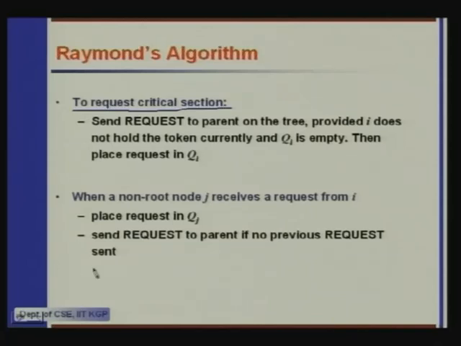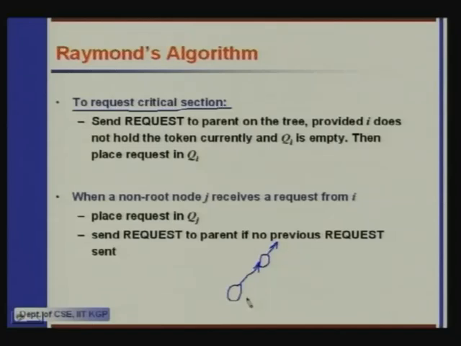Now, let us understand this very clearly. Now, here is an intermediate node. Okay. Now, when this one receives a request from some node down below, then it is going to send a request to its parent, provided that it has not already sent a request. Now, see, these requests are not tagged with who is the originator of the request.